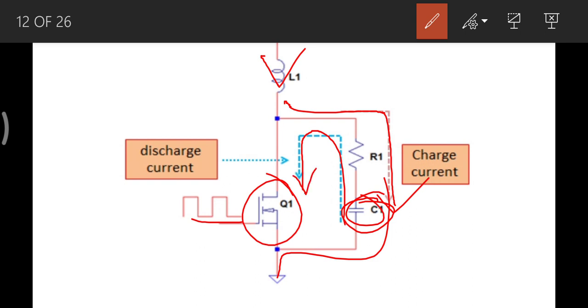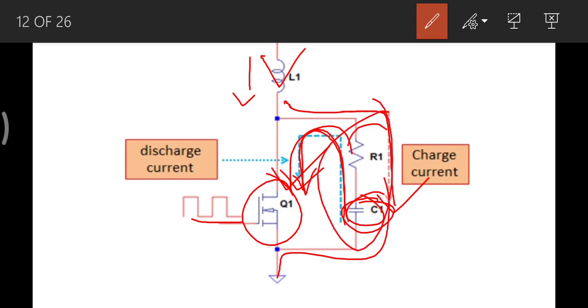While the capacitor is sending the current in a constant way, even if any excess current is generated or any spikes are produced, that reaches only this snubber circuit.